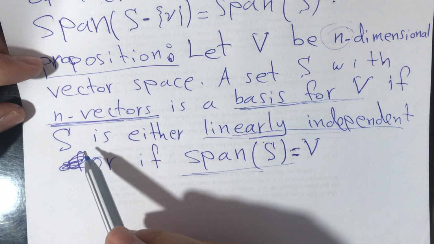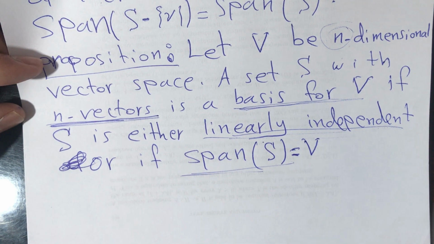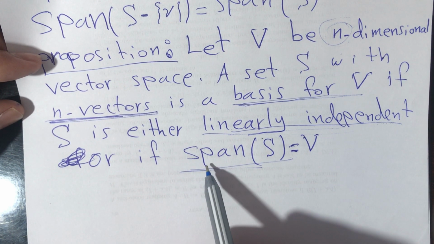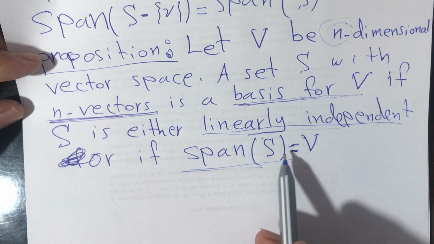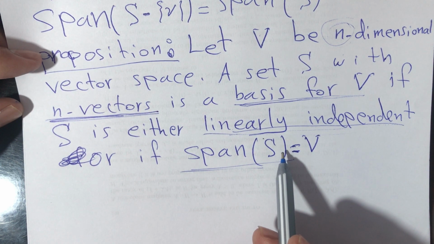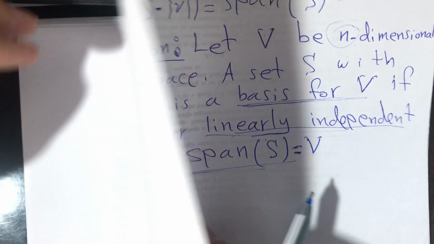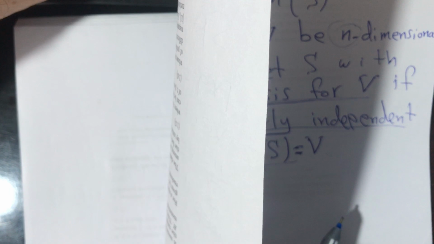Either S is linearly independent or span S is equal to V. This is important.